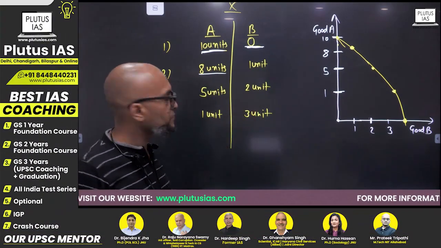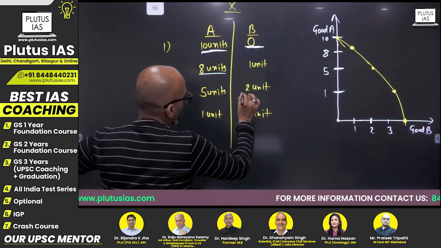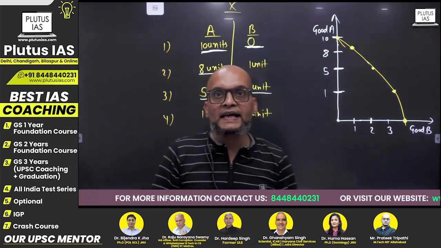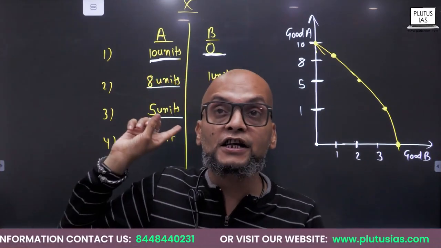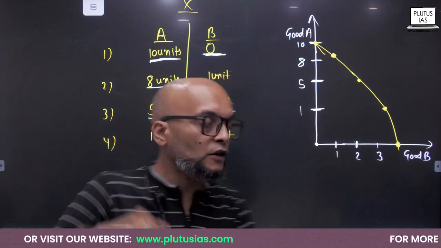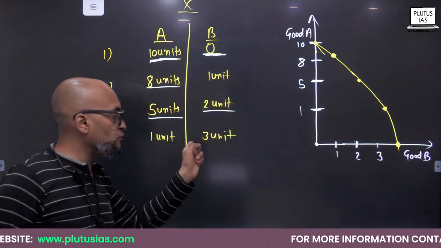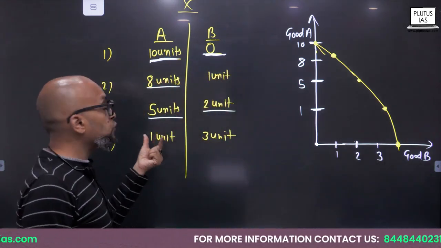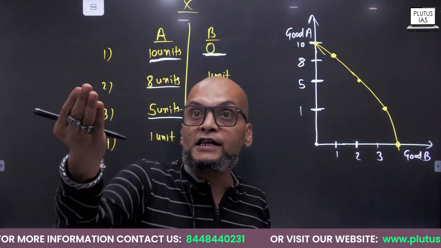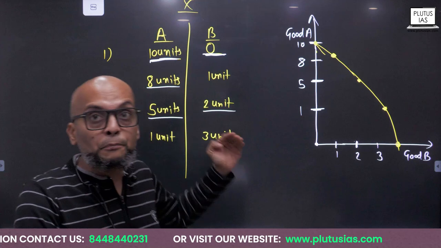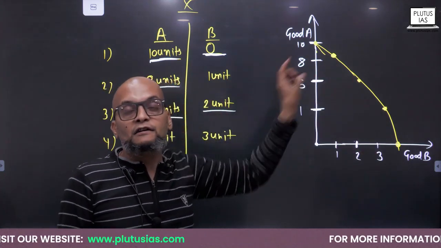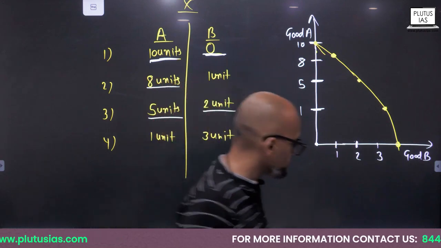Now to produce another unit of B, we sacrificed 3 units of A. So initially opportunity cost was 2, now it has become 3. It is increasing. Now in order to manufacture one more unit of B, 4 units of A are sacrificed. That means again opportunity cost is increasing. And since opportunity cost is increasing, you get this shape of PPF, which is concave. Clear?